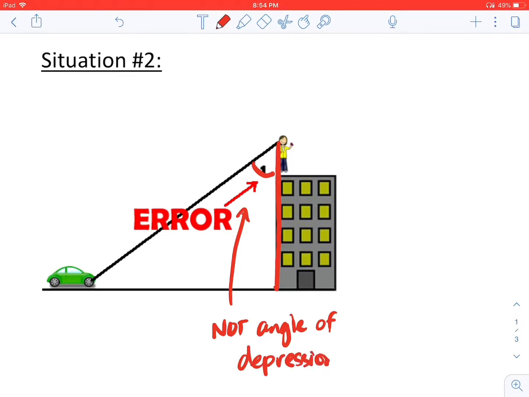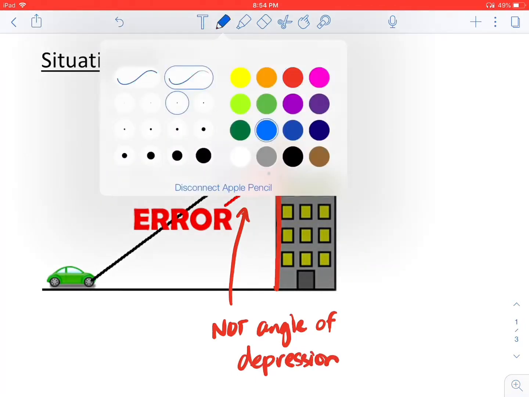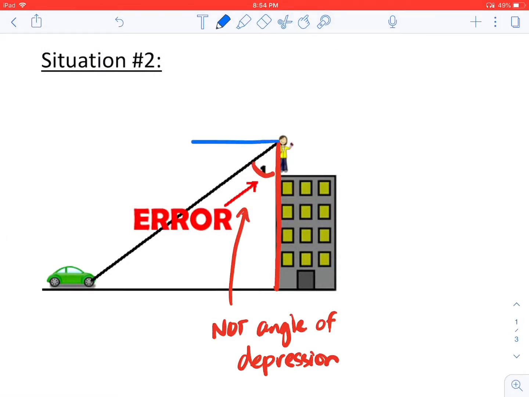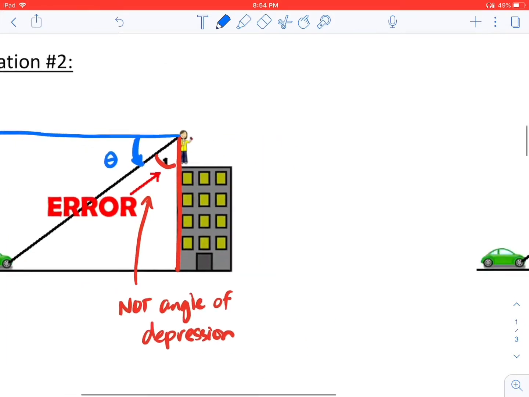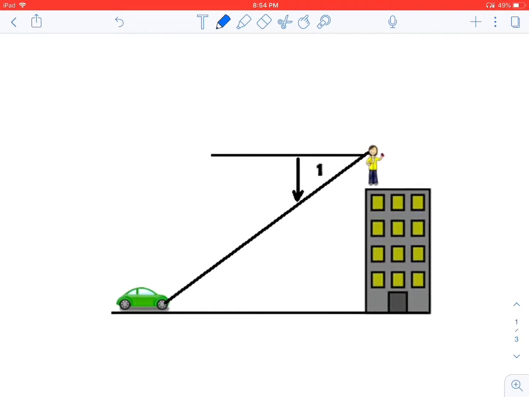The angle of depression in this case would be found by identifying what the horizontal is from that observer and finding the angle that's depressed with respect to that horizontal. So the blue angle that I've drawn in here would be the angle of depression, as is shown in the second piece of the situation.